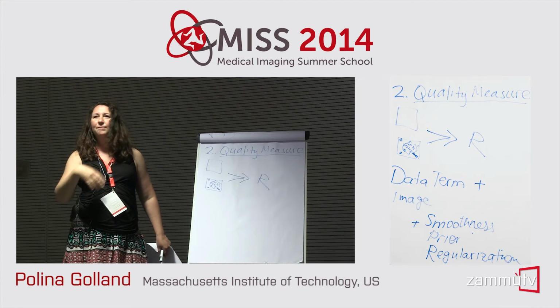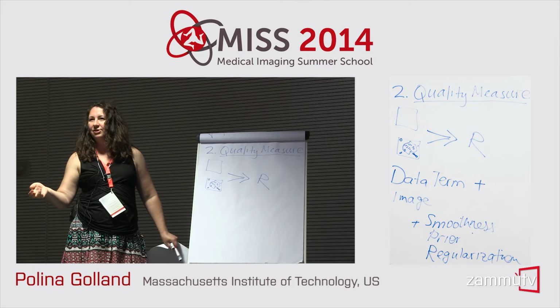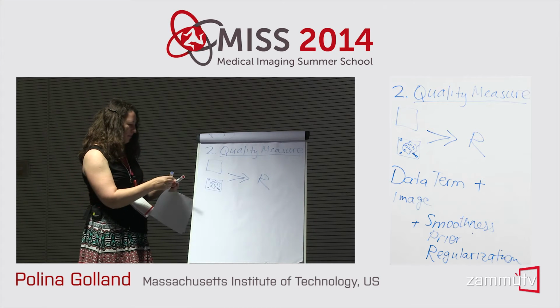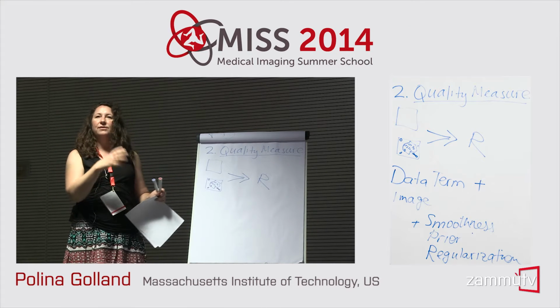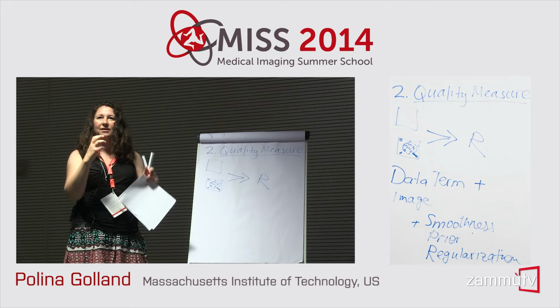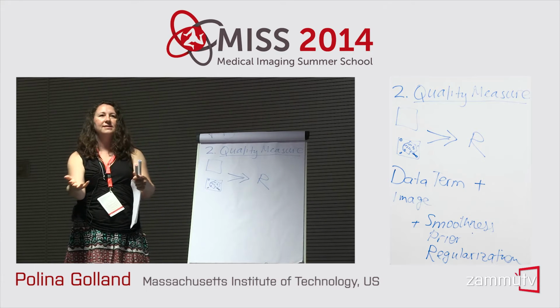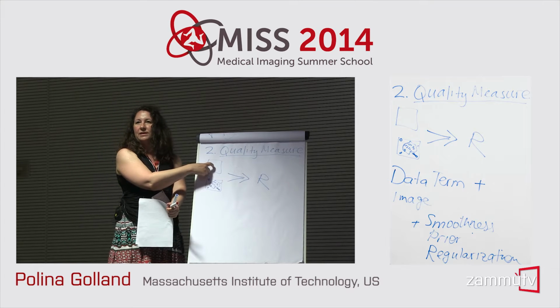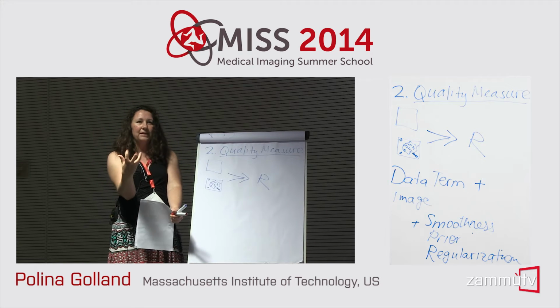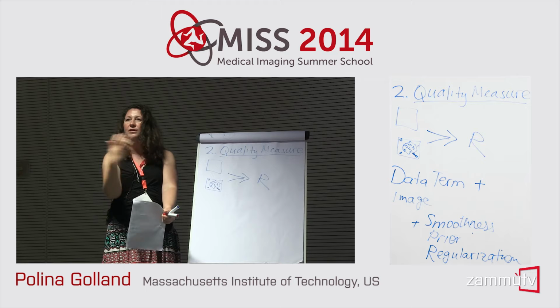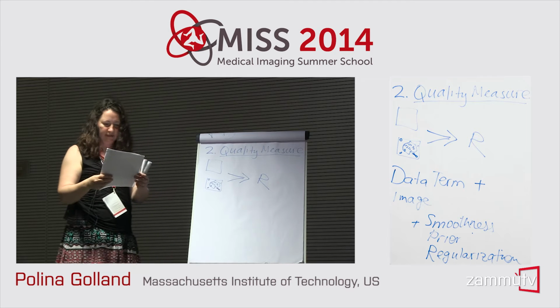These are called prior-based, model-based, or atlas-based segmentation methods, okay? We'll instantiate those. So this quality measure is not necessarily only how well the segmentation explains the image that you've seen. It can also say something intrinsic about the segmentation itself: how smooth, contiguous, or like what you've seen it is.